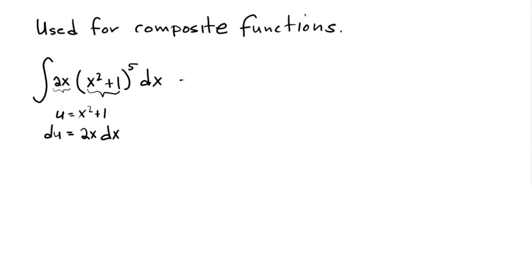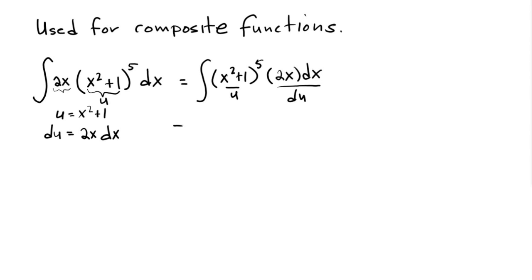So du equals 2x dx. Now let's turn this around here: x squared plus 1 to the 5th is my u, and then I have 2x dx, and this is my du, according to what I just did.